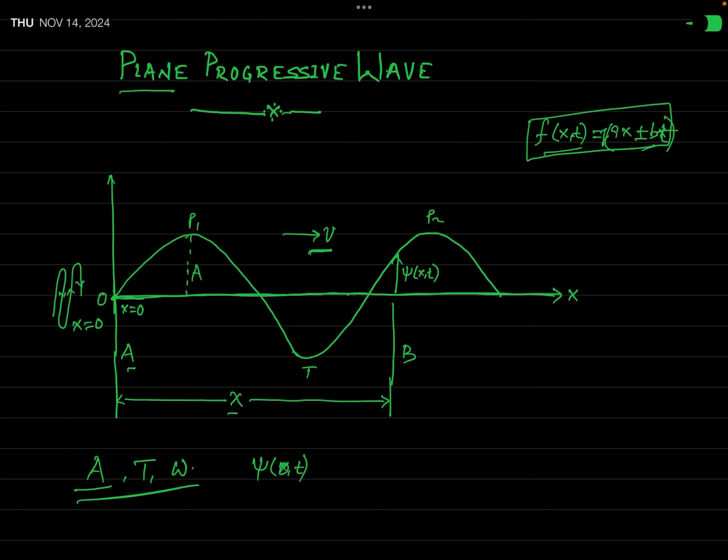This psi of 0 t is the displacement of the particle at any moment t. Let us say this is its displacement, this is psi at any time t. Then you know that this will be given by A sine omega t. Or you may write cos function too, or equivalently you may write A sine 2 pi over T times t. Here omega is the angular frequency which is 2 pi over T, where T is the time period of this oscillation.